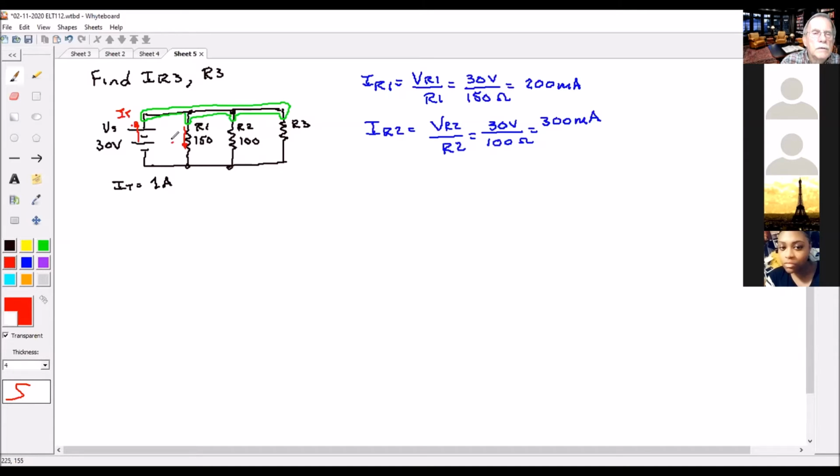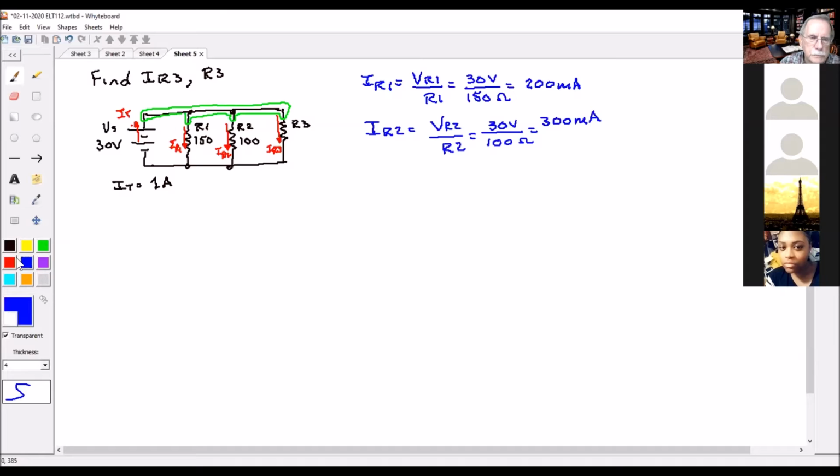R1 current is down here, R2, R3. So again, the total current is going into the node, the current for R1 is leaving the node, current for R2 is leaving the node, current for R3 is leaving the node.